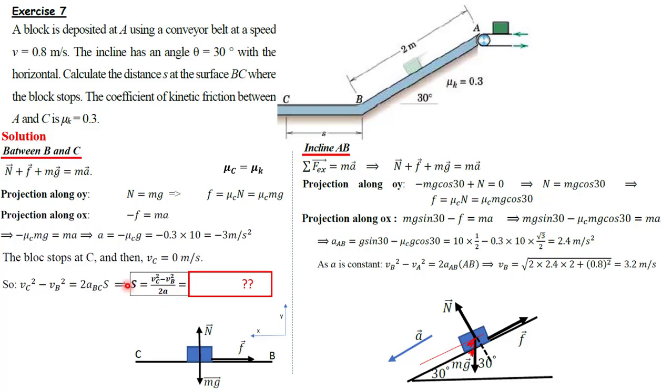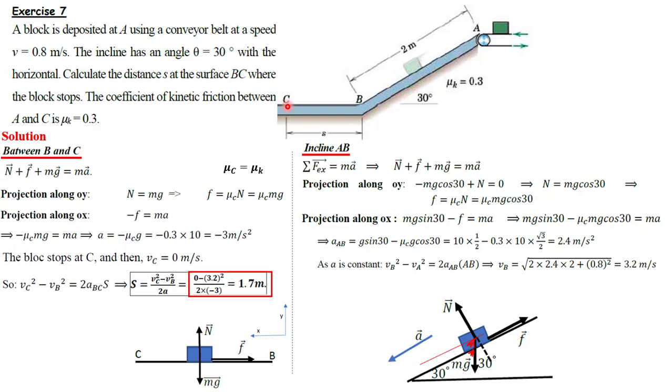Then finally we can deduce the value of S, or the distance BC. Finally, we obtain that S is equal to 1.7 meters. So 1.7 meters is the distance BC, where position C corresponds to the position where the block stops. So VC is equal to 0.